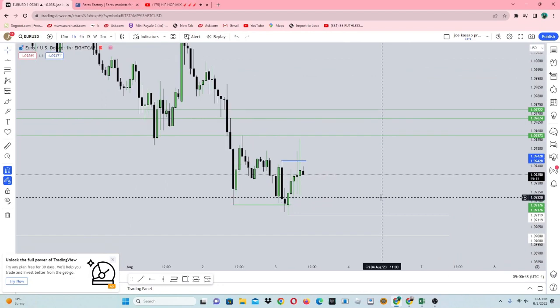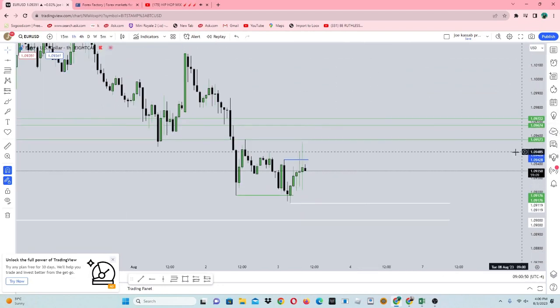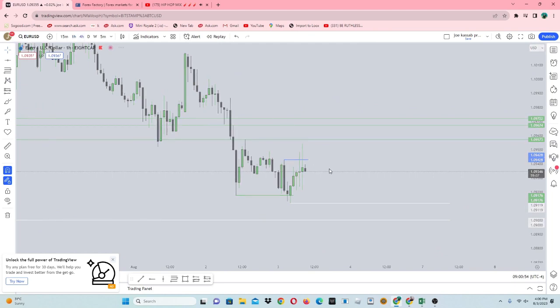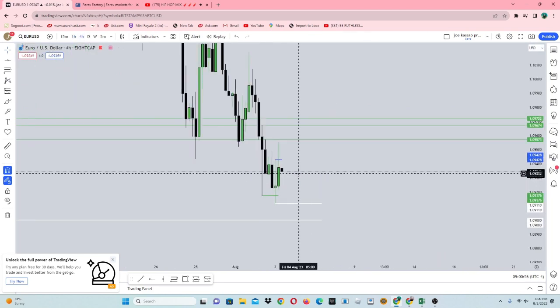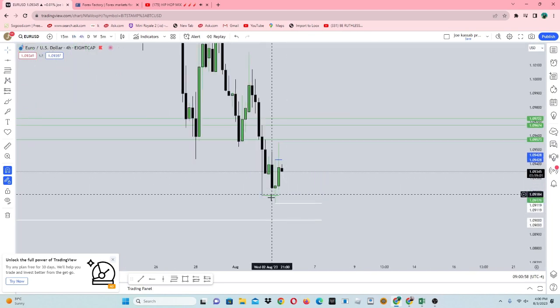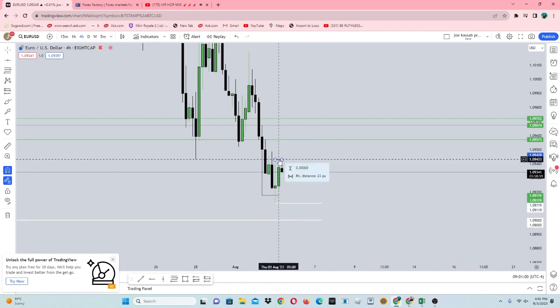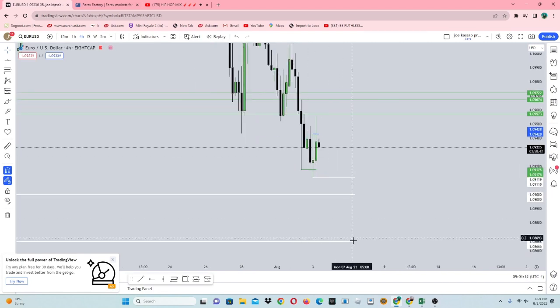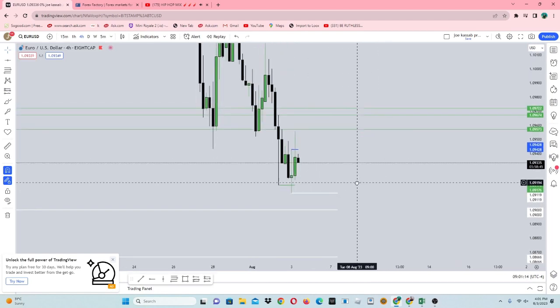So guys, as you can see, we did not retrace into the 50% area. Plus, if you can see on the 4-hour candle, there is a swing formation, but we did not take this high with the bodies, so I'm expecting price to take this area right here, and it might keep going lower.